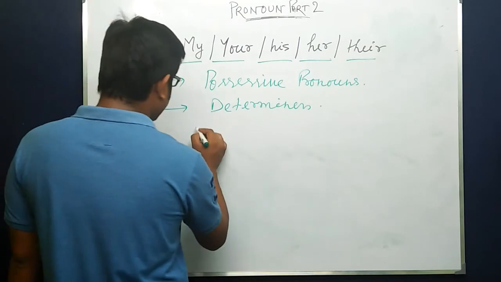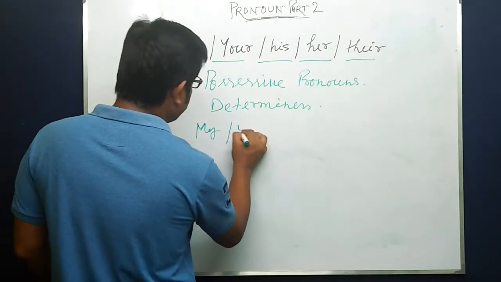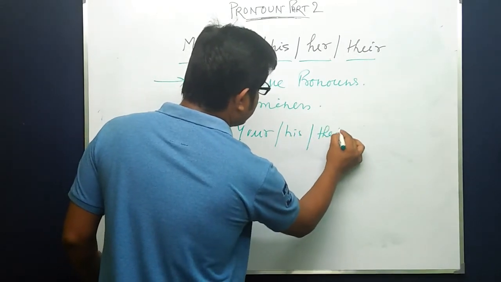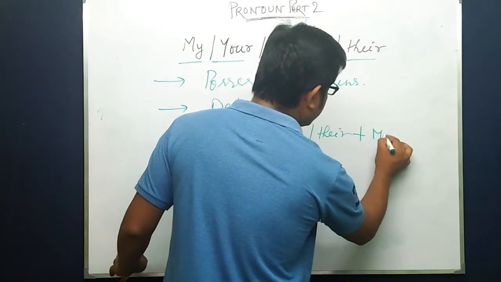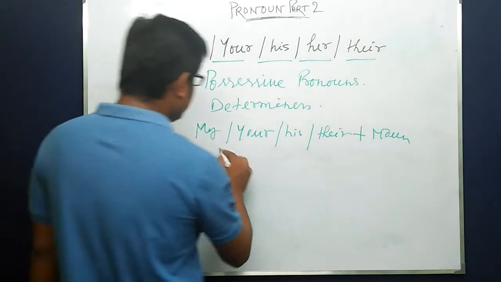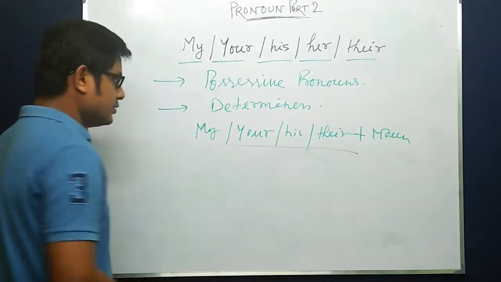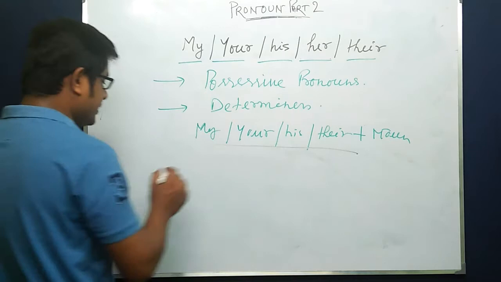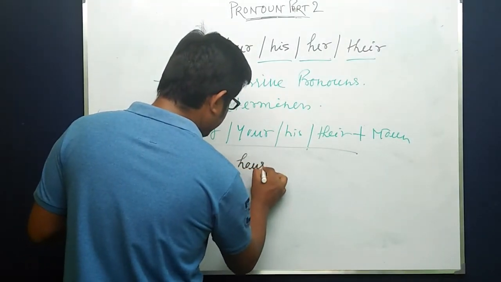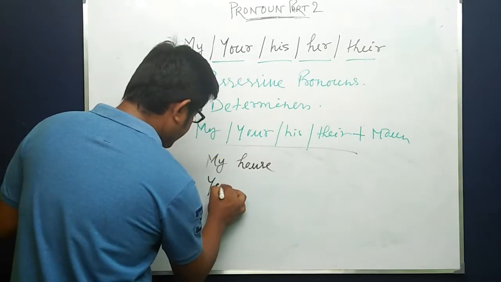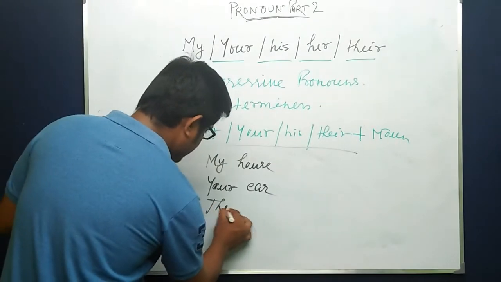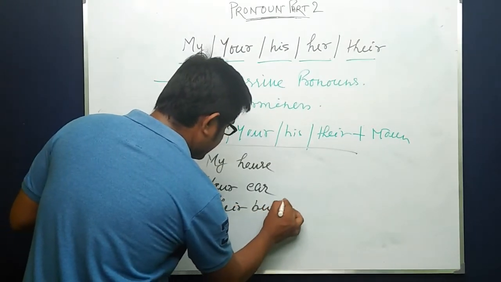So if you want to write my, your, his, their plus noun, then you have to use the noun after these words. For example, you can write my house, your car, their building.